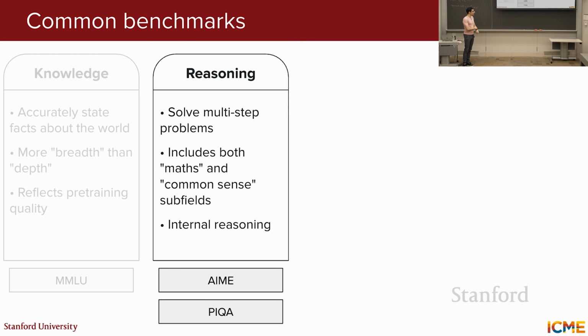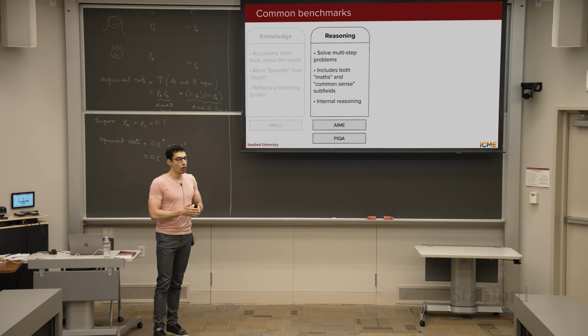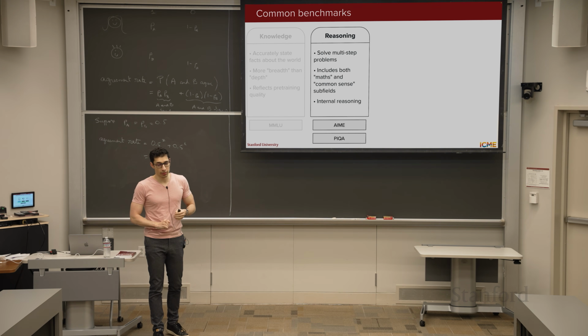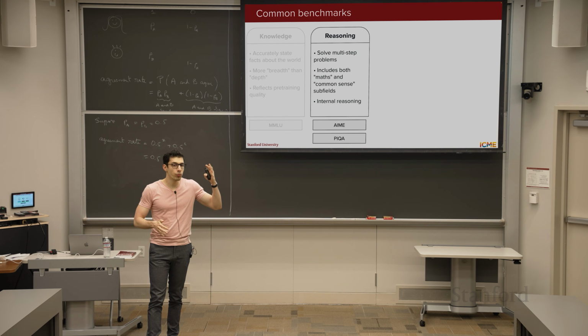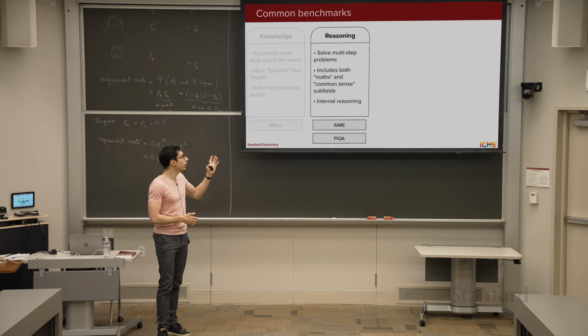Typically, these are benchmarks that require some amount of thought before outputting an answer. So it assesses the quality of the chain of thought, or if you are in the reasoning world, maybe the quality of your think tokens. But just more broadly, your ability to infer a response based on some reasoning.